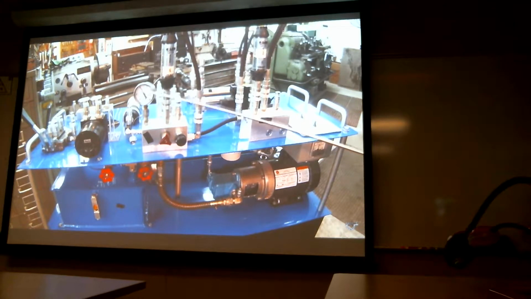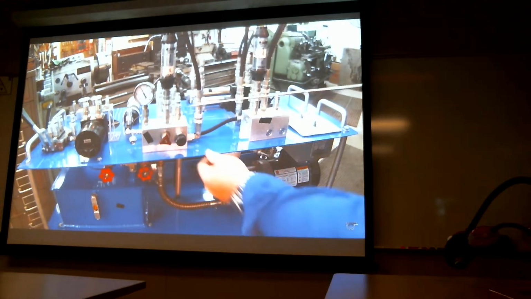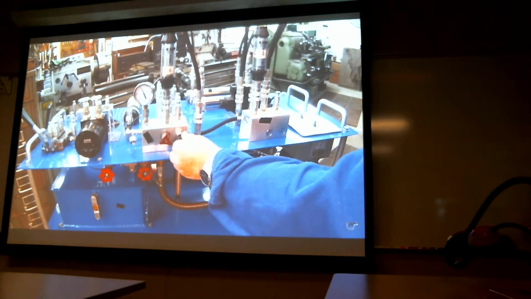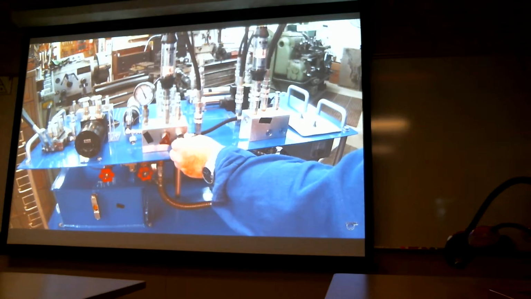The only reason I'm showing that 400 psi is because I have my bypass valve closed, and I'm forcing that oil right here across this spring inside this relief valve right here. So you'll see if I move this relief valve in and out, the pressure goes up or down based on the resistance to that oil that I'm pushing across that orifice right there.